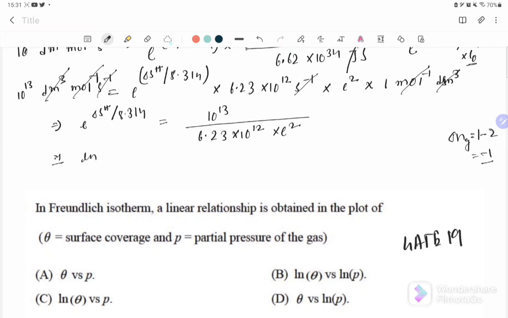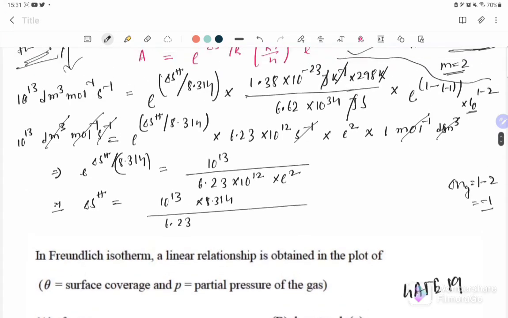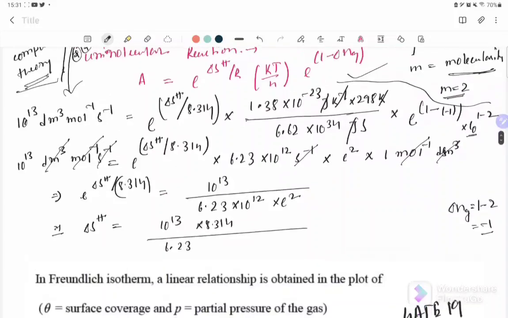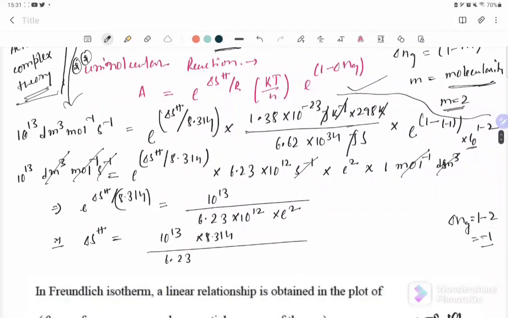Now just take ln on each side. So if we take ln here, it will be delta S. Now this term will come here, so 10 to the power 13 into 8.314 by 6.23. Okay, just a minute, I think I did something wrong here.